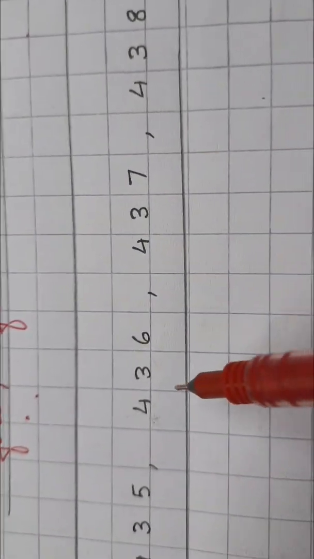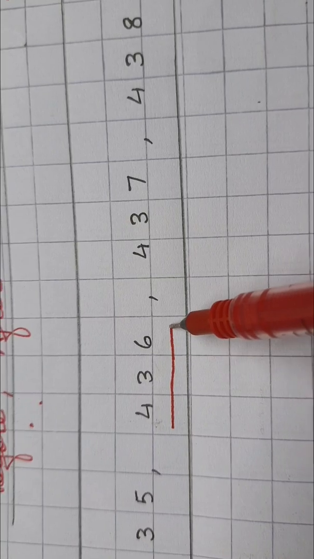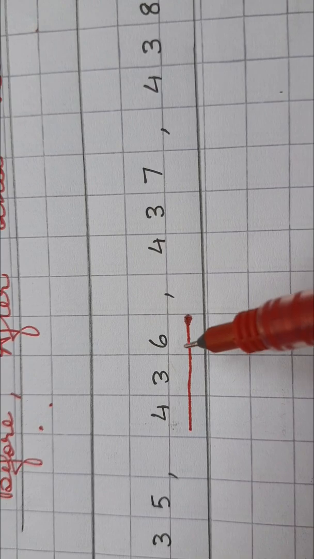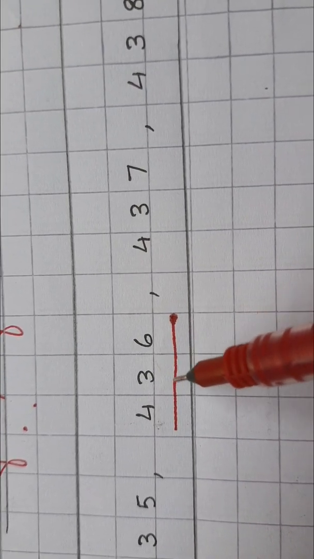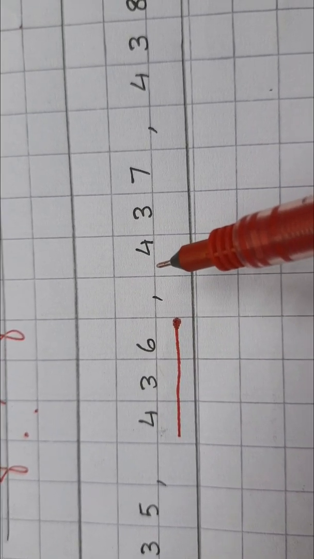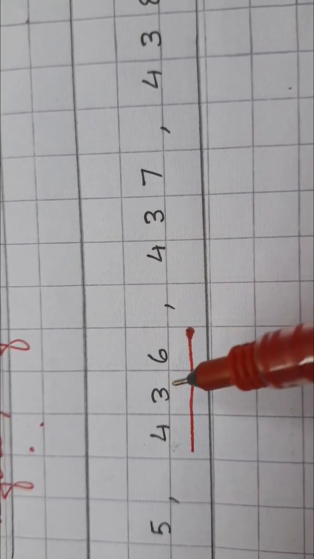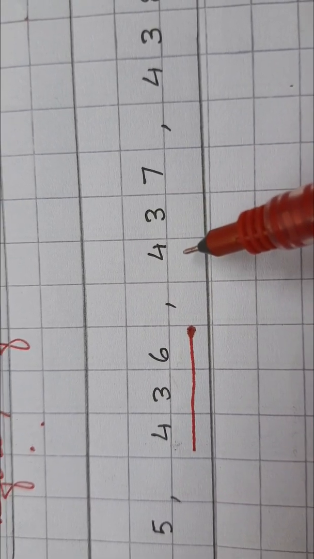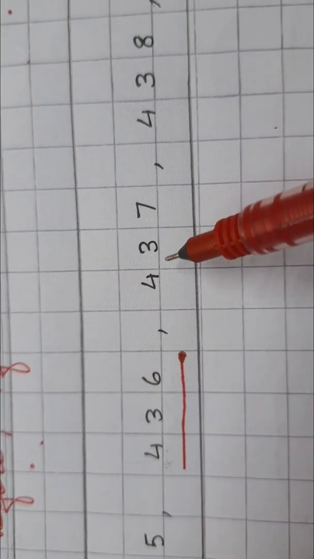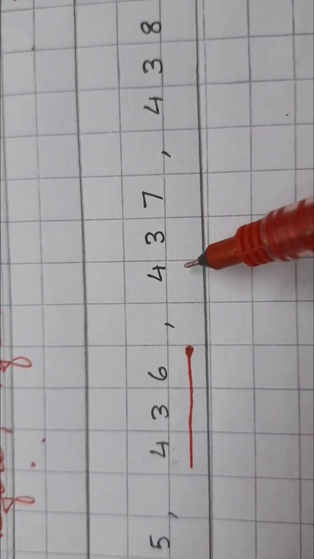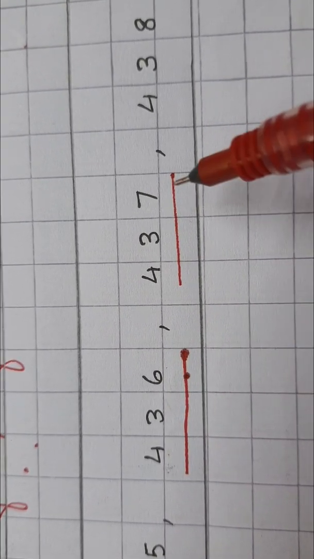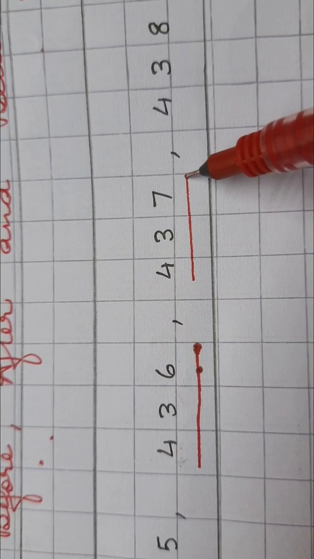Now if we take number 436 and we want to know the number which comes after 436, then we can check this series, and here we can easily see that after 436 we have 437.